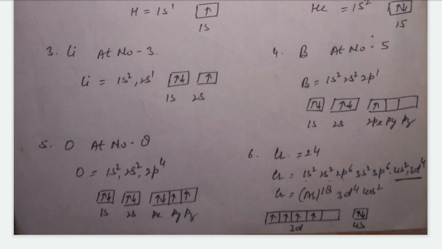The electronic configuration is argon 18, 3d4 4s2. The 3d has 4 electrons, but it has 5 suborbitals, therefore they do not make pairs. They are first singly filled, and 4s is completely filled with 2 electrons.